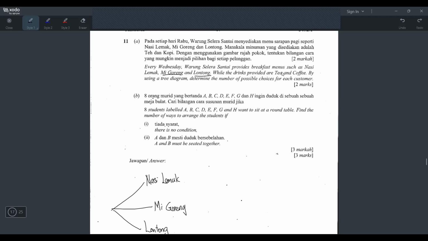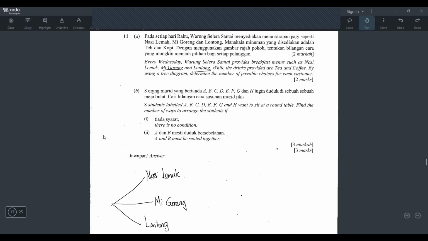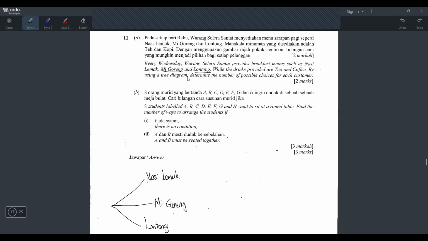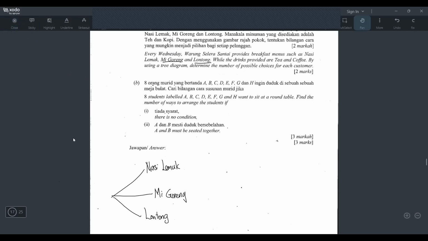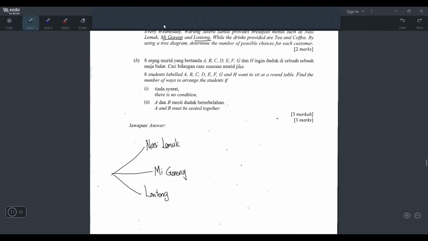And then the drinks provided are tea and coffee. It means the total choices will be 3 times 2, which is 6. If you choose nasi lemak, for the drinks you can choose tea or coffee, right? Same thing, if you go with mee goreng, you can also choose tea or coffee.